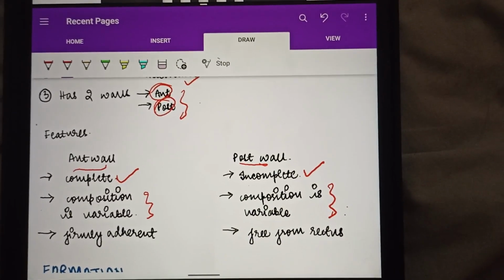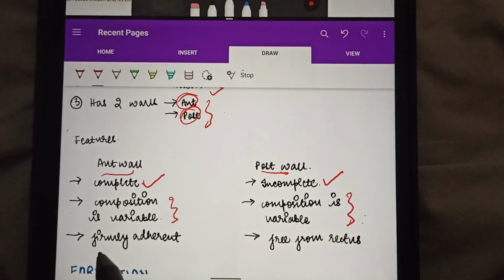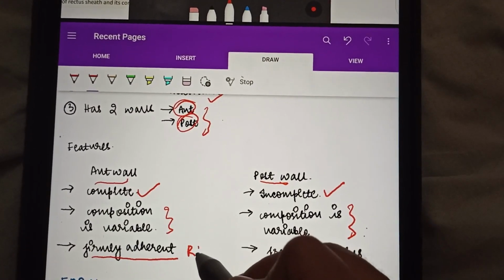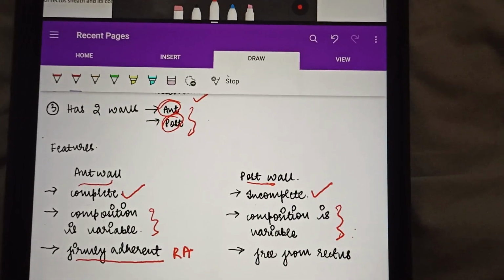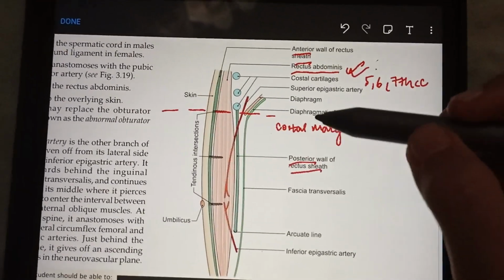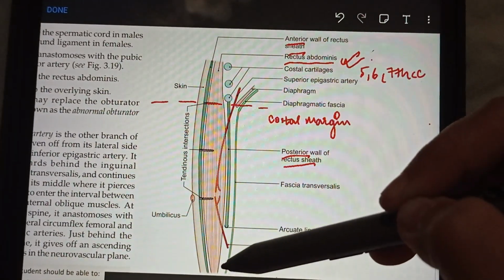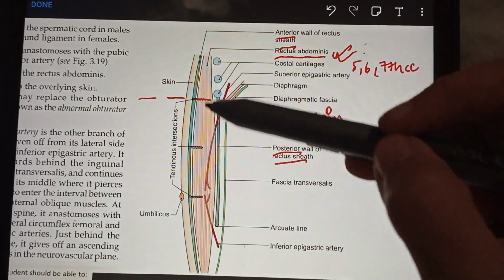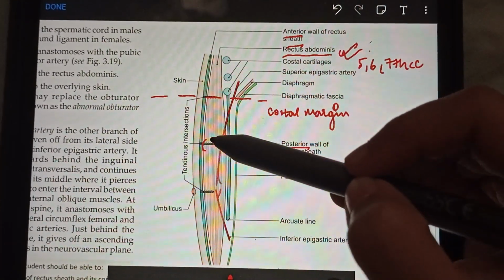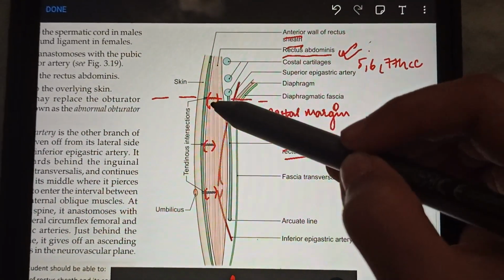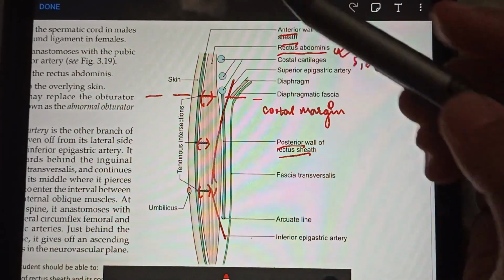Then one more thing about the anterior wall is that it is firmly adherent to the rectus abdominis by tendinous intersections. Now if you see here, this is the anterior wall. These things which you see here are nothing but the tendinous intersections.